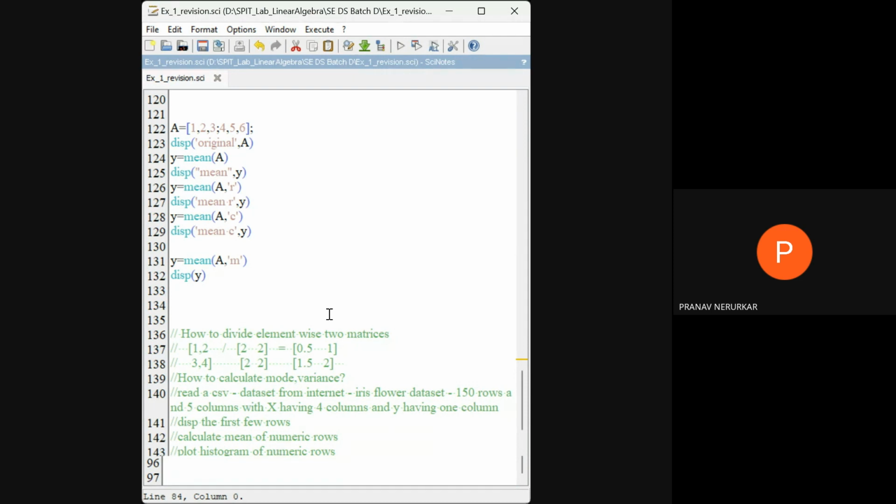In that case, this mean operation will be useful, because for all the columns you can get the mean by specifying this C in the function parameter.